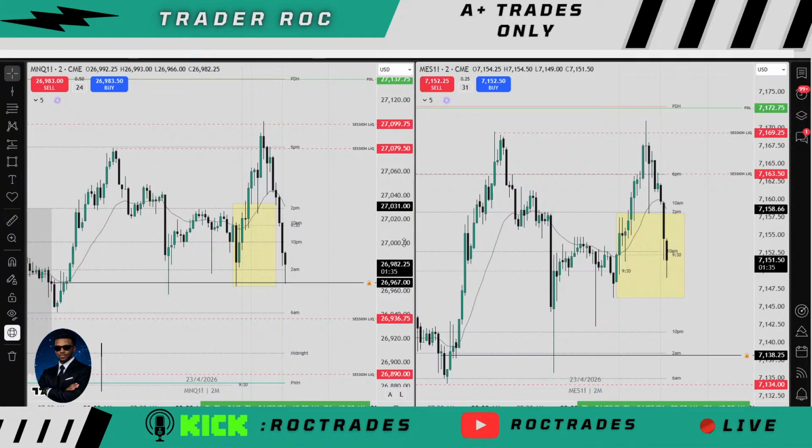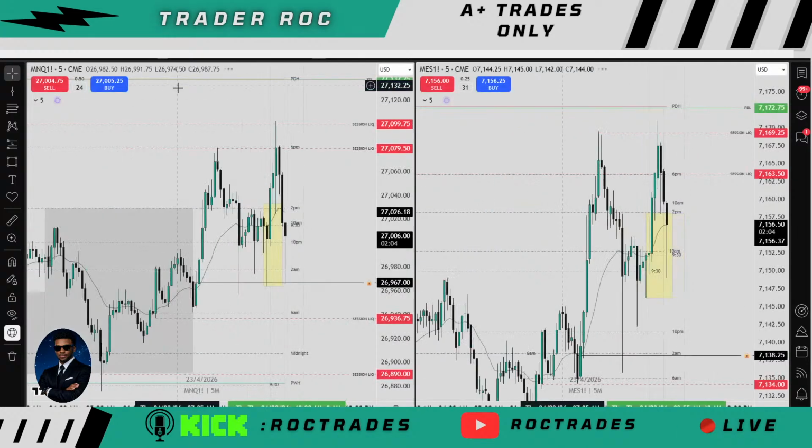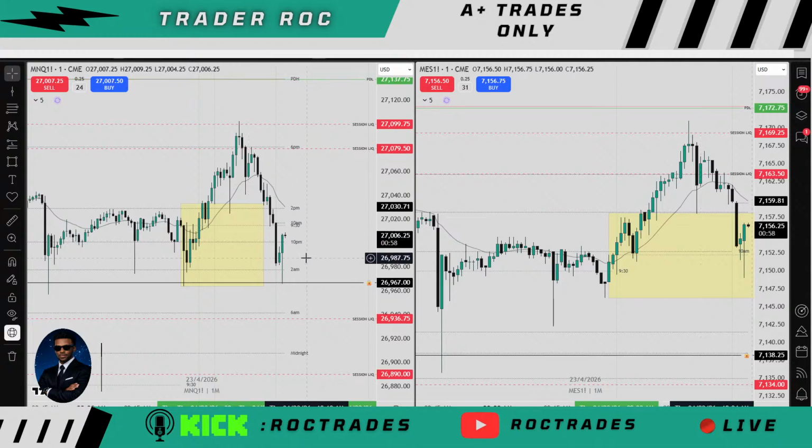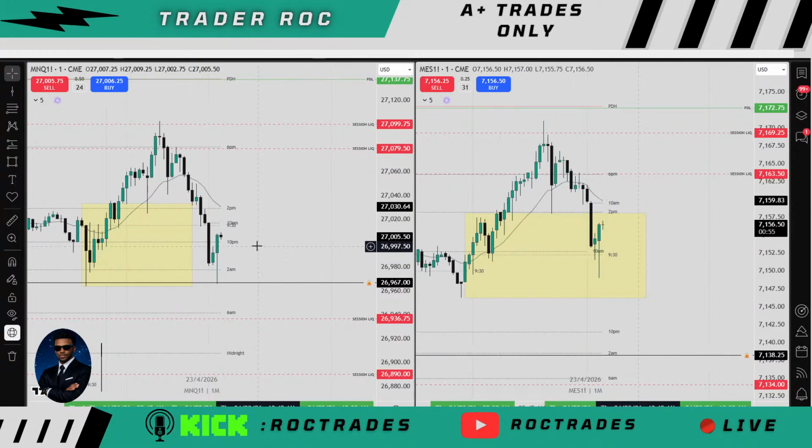All right, so here we go. This is where, let me draw this up 1 second. Cool. So this is where, let's see here. This is where you draw up the buy opportunity. Looking for a clean trade idea here. 10 a.m. opens lower.